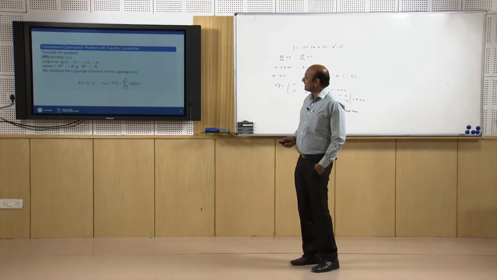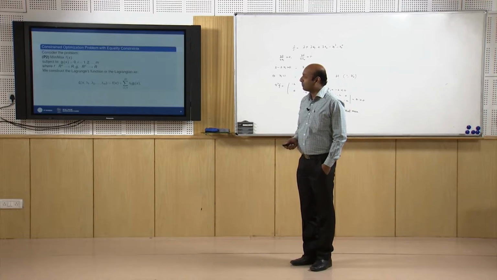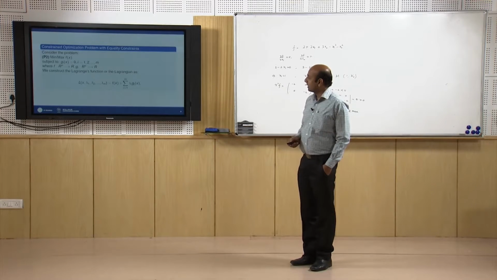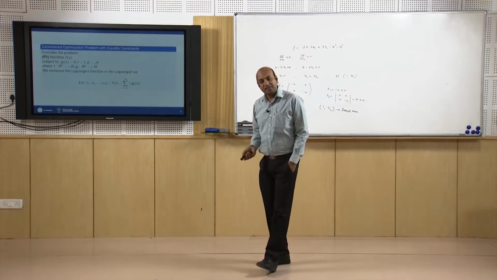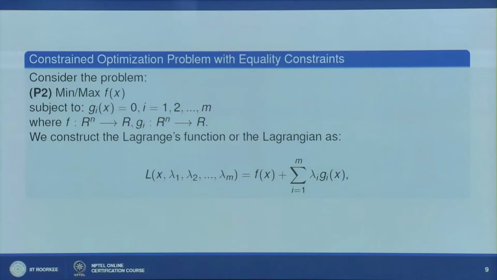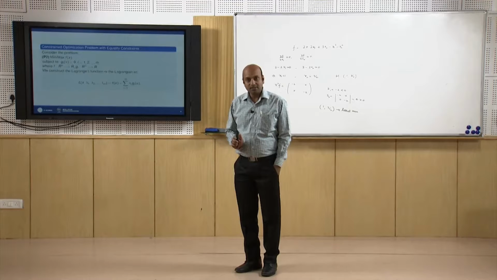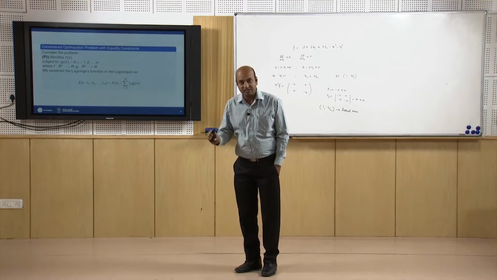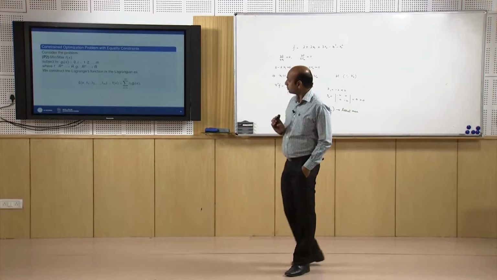Now, let us discuss the constraint optimization problem, first with equality constraints and then we will see with inequality constraints, okay. What do we mean by a constraint optimization problem? It means optimizing, that is maximizing or minimizing, a function subject to some conditions, some constraints.